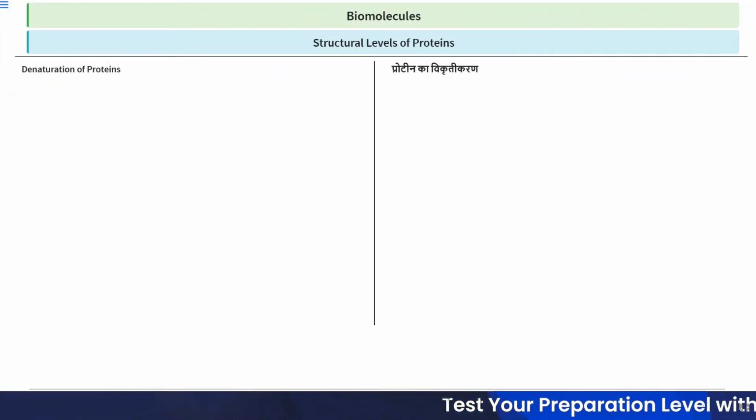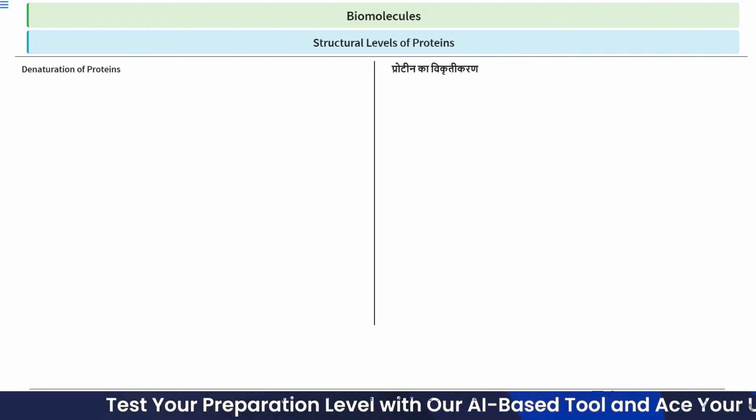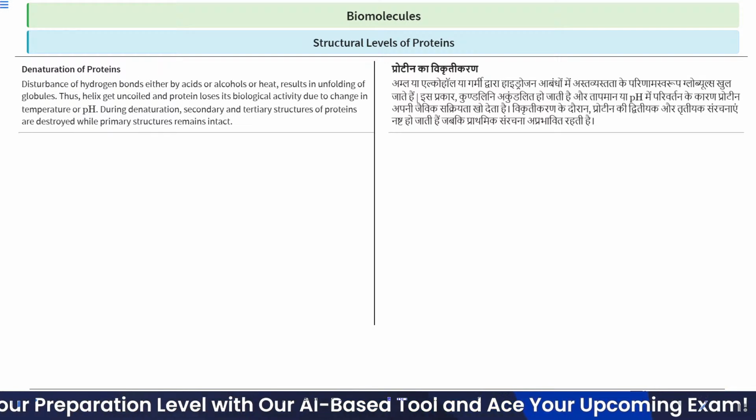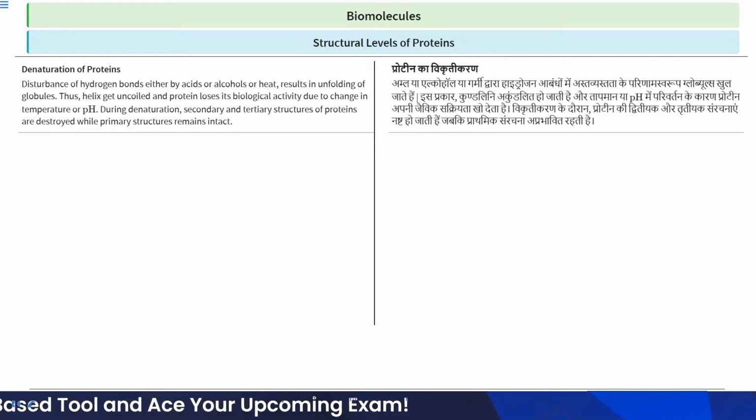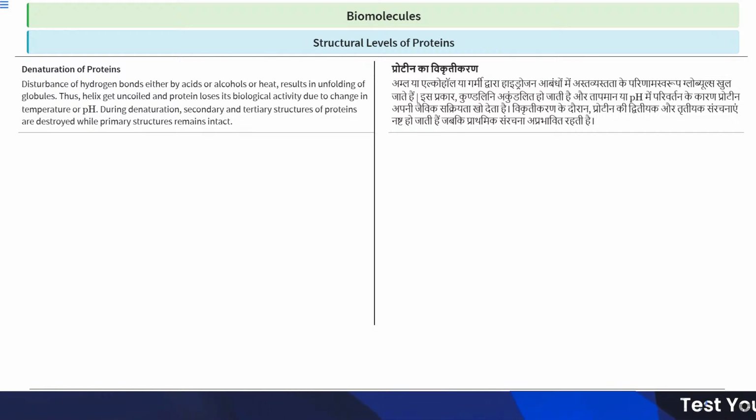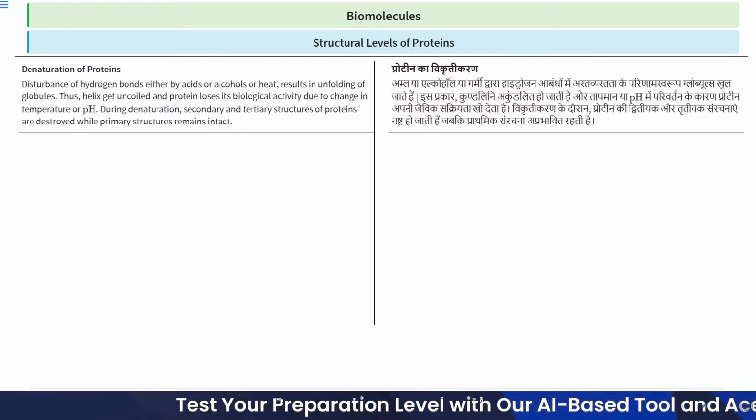Denaturation of proteins. What will happen if you do the denaturation of proteins? Disturbance of the hydrogen bonds through which the polypeptide chains are held together, either by acids or alcohols or heat, results in the unfolding of globules.